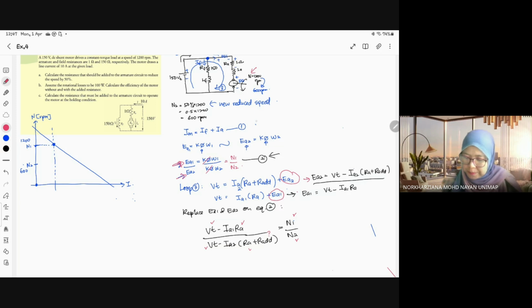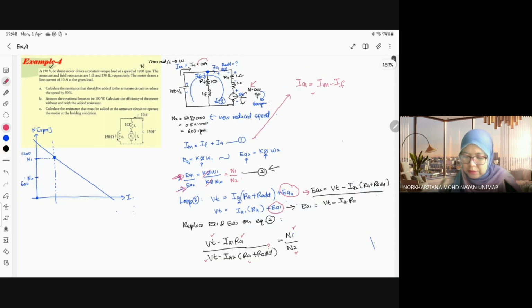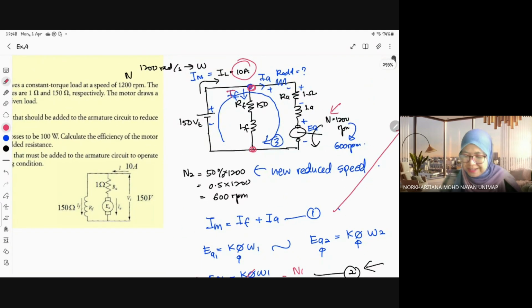Okay, so kita tengok IA1 and IA2. Tadi yang ni. IA1 equals to, rearrange, IM minus IF. Okay, and motor current, this one, and minus IF berapa? Ni, point ni. This one is your IF. Okay. This is your IF, the one that flowing through field circuit.